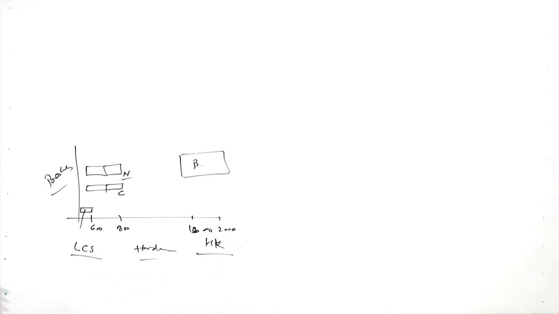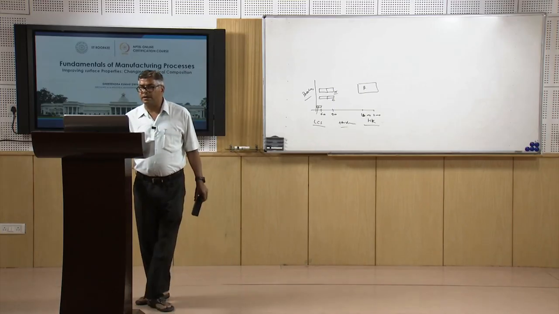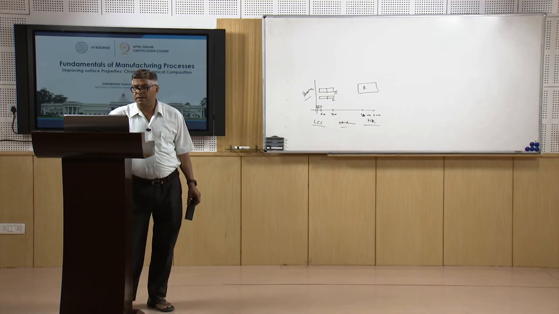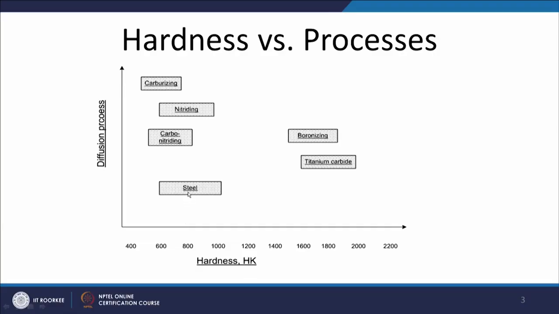So this is what we can see in this diagram, as per the hardness levels: low hardness for simple steels, and low carbon steels having even lower hardness. When they are carburized and nitrided, there is an increase in hardness, from 800 to 1000 HK. Boronizing causes a further significant increase in hardness, which may be in the range of 1600 to 2000 HK.